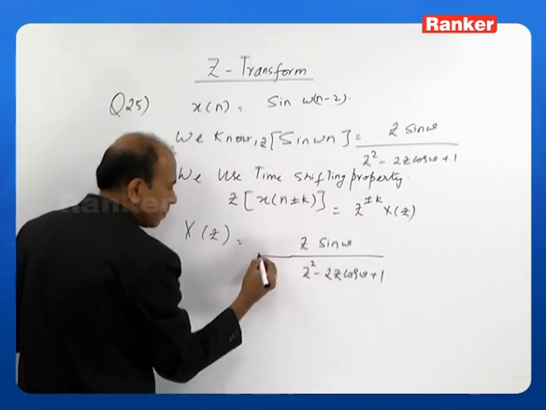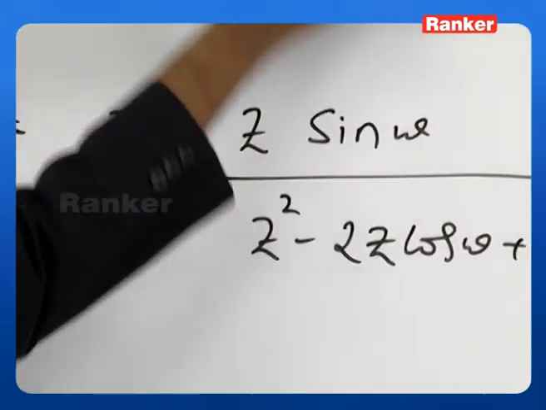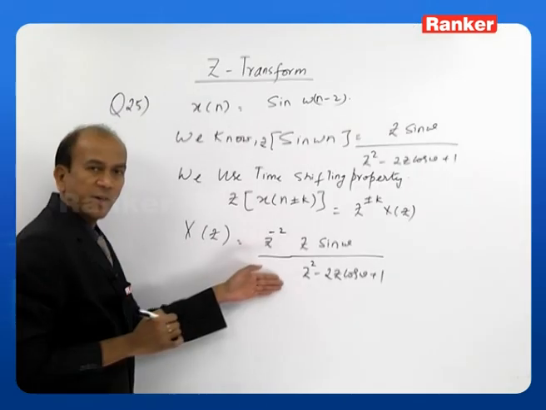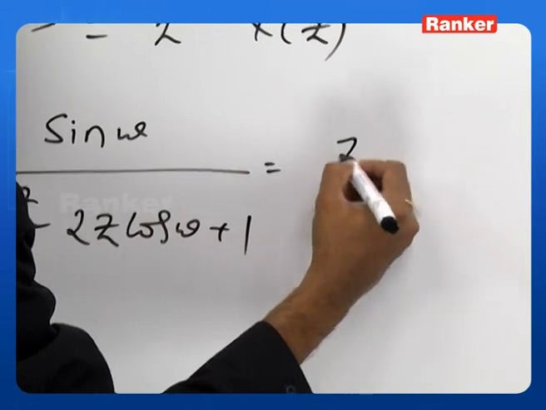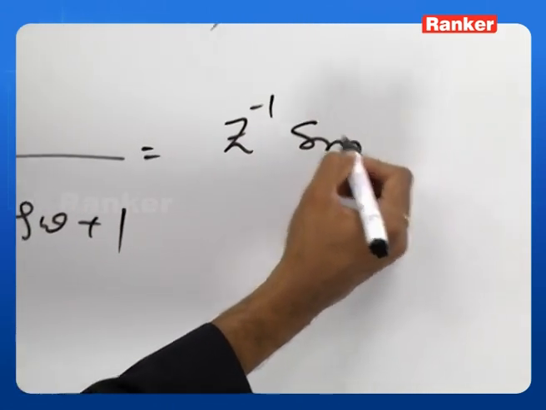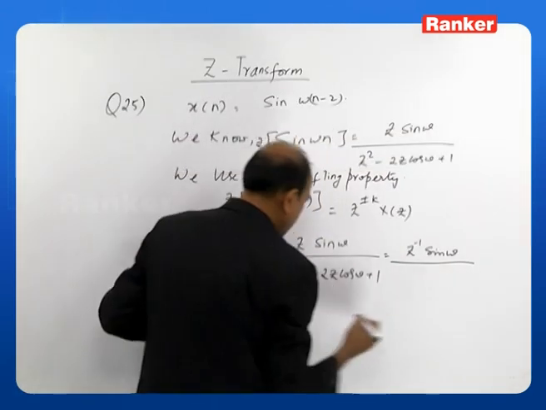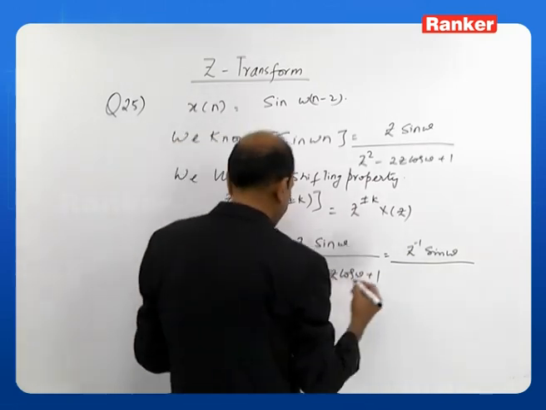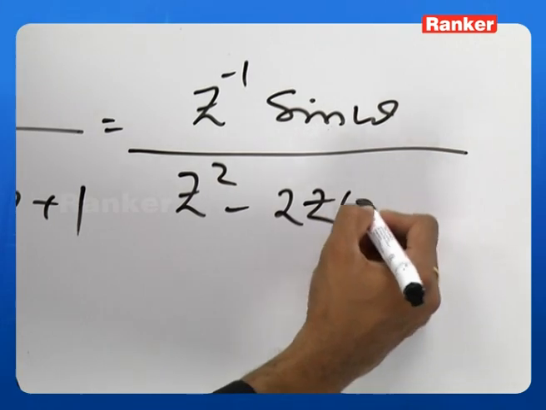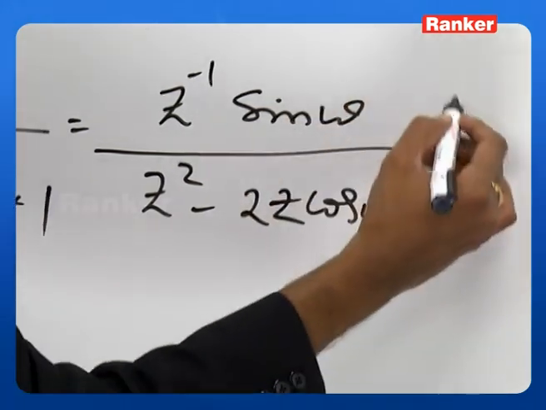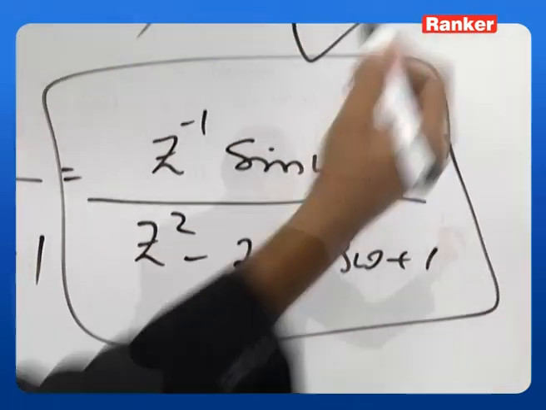So let me multiply this by z to the power of minus 2. So let us write down what is the answer here. The answer is (z to the power of minus 1) sine omega. Let us multiply throughout. So by (z square minus 2z cos omega plus 1). So this is our answer for this.